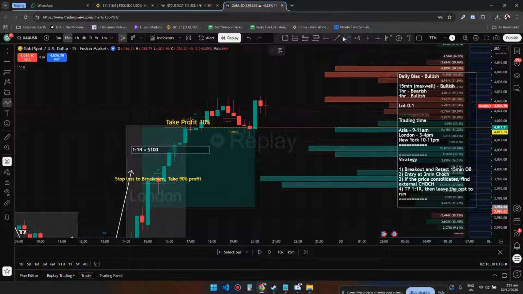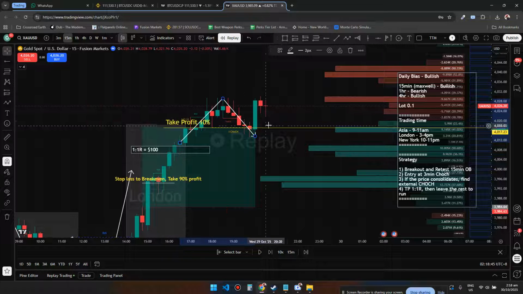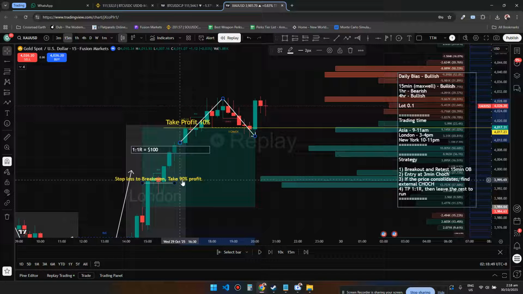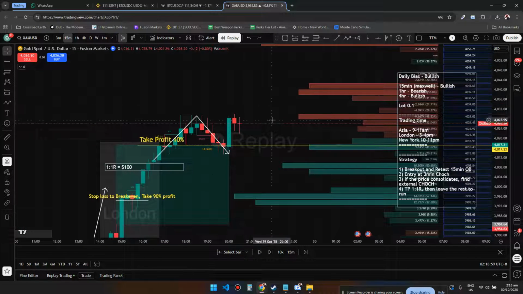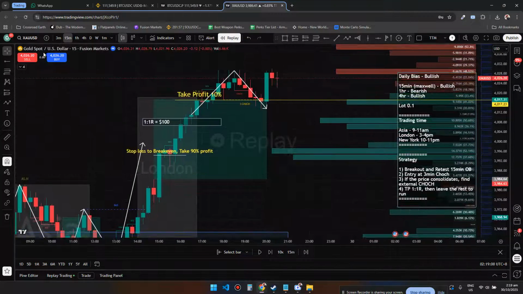So if price moves up and then comes back down, I will straight away take that 10% profit. So this 90% is like a secured base earning, and then I leave the 10% to run further. Yeah, so that is the trade for gold.